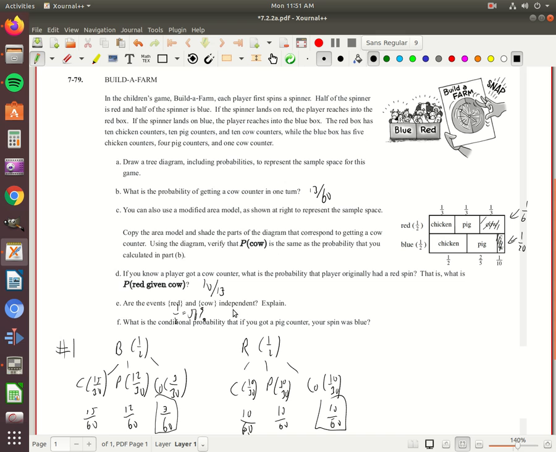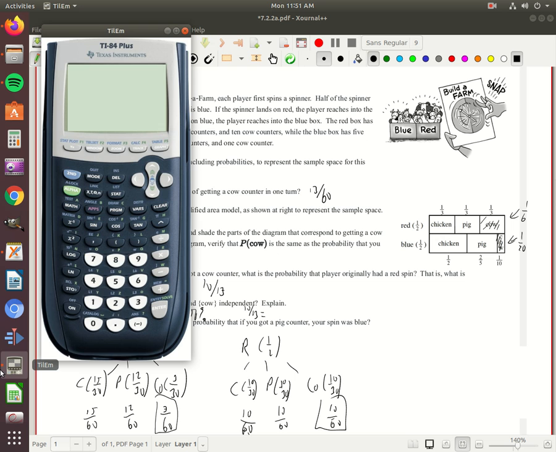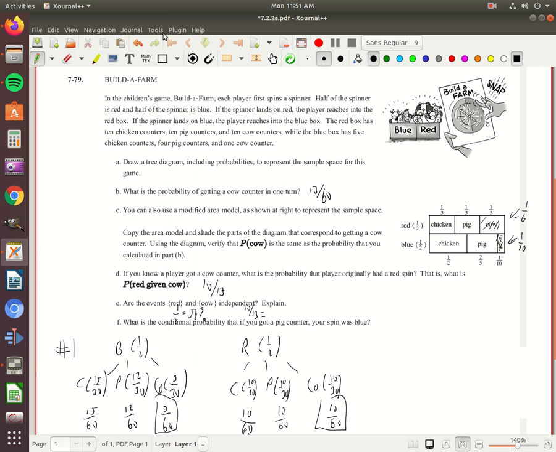So 10 divided by 13 is going to be 77%. So we would say, yeah, there is an association here. You're more likely to get a cow if you got red first.